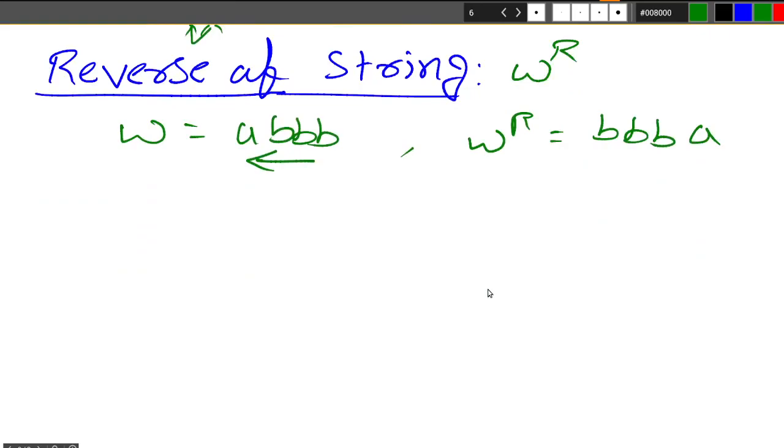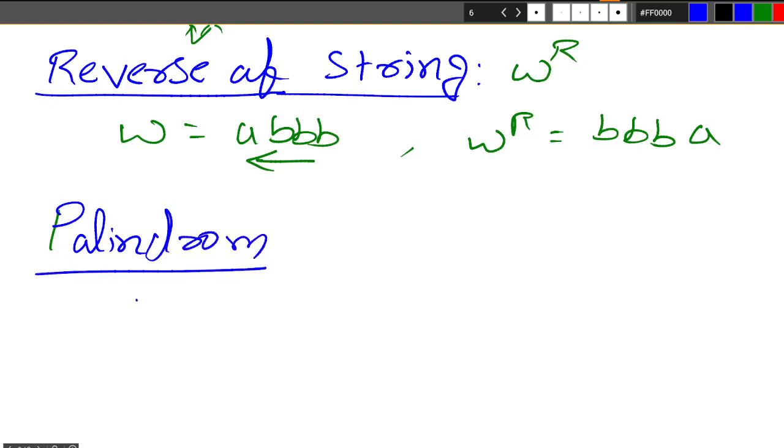You would have heard about palindrome. What happens in a palindrome? We are given a string, and if you reverse that string and match it with the original string, it will be equal. That means if you reverse W, you will get the same thing.